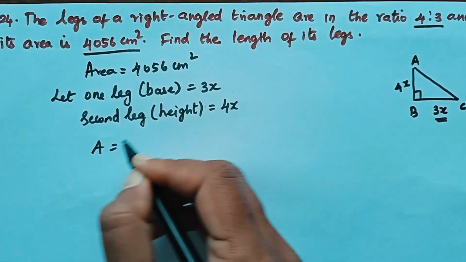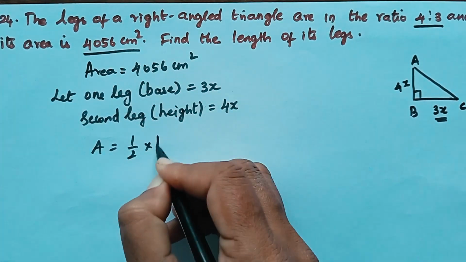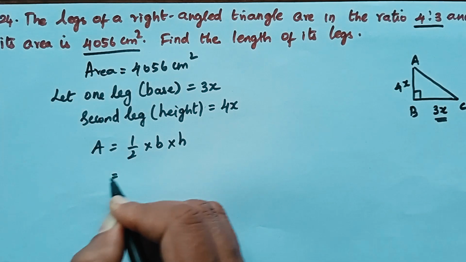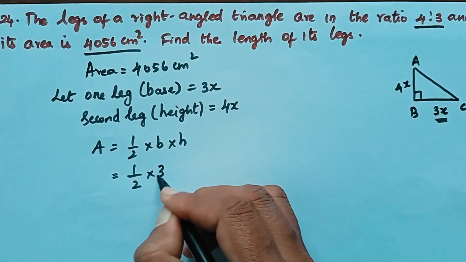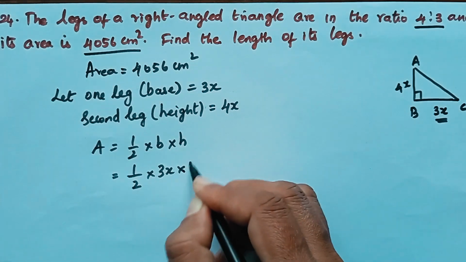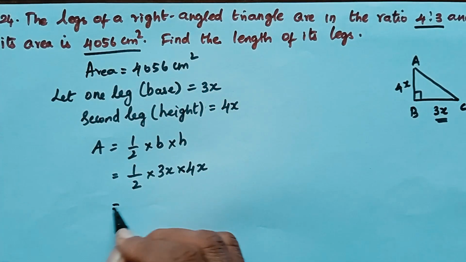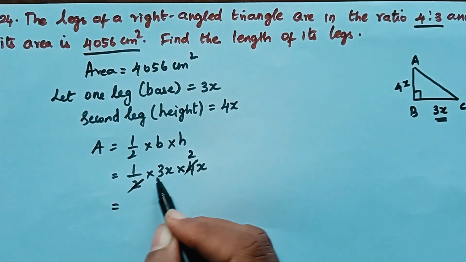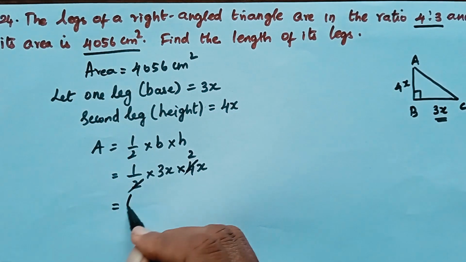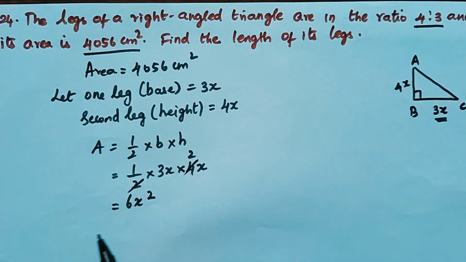Now substitute in the formula, half into base into height. Half into base 3x into height 4x. So what will you get? 2 into 2 times, so 3 into 2 is 6x square.